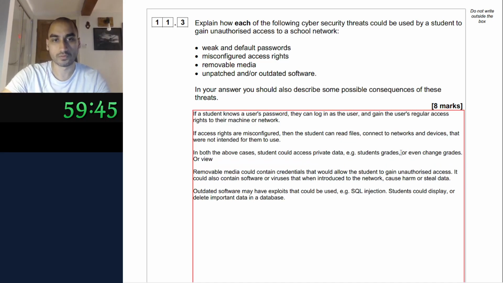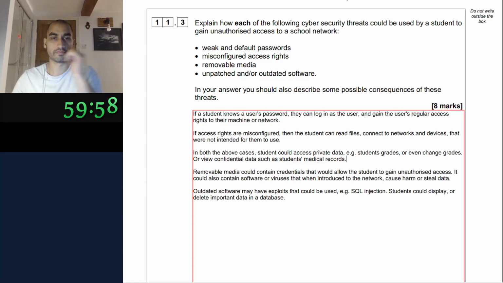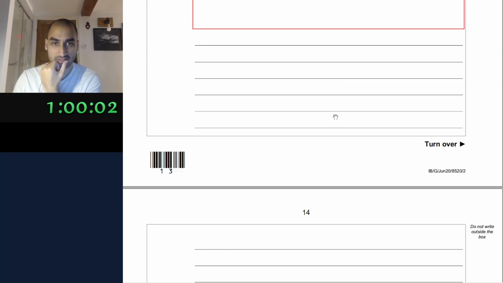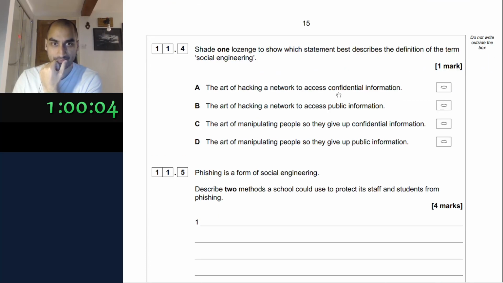Or view confidential data such as students' medical records. I've got 30 minutes left. Let's just carry on. Shade 1 lozenge to show which statement best describes the definition of the term social engineering. Manipulating people so they give up confidential information.